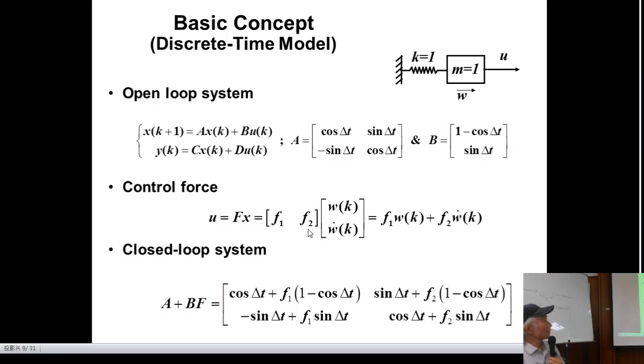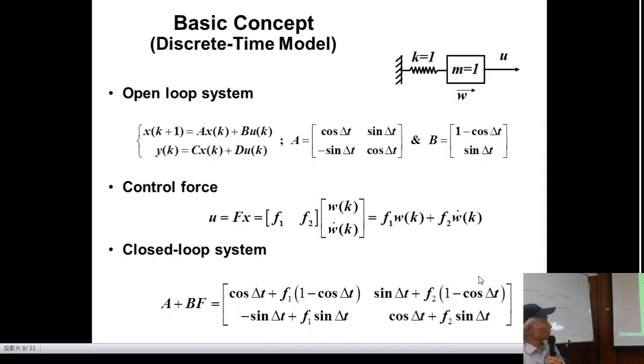Any question about this? B is here. F is F1, F2. B times F means this 1 minus cosine delta t, sine delta t times F, which is F1, F2. And this has become my closed loop state matrix. This is my open loop state matrix. A here, cosine delta t, sine delta t, minus sine delta t, cosine delta t. This is my open loop state matrix.